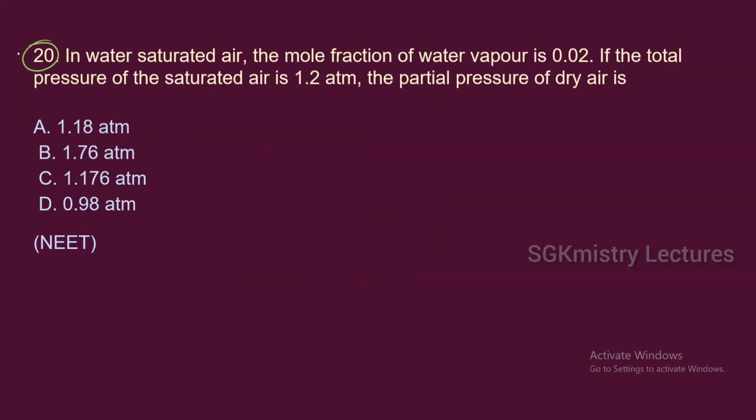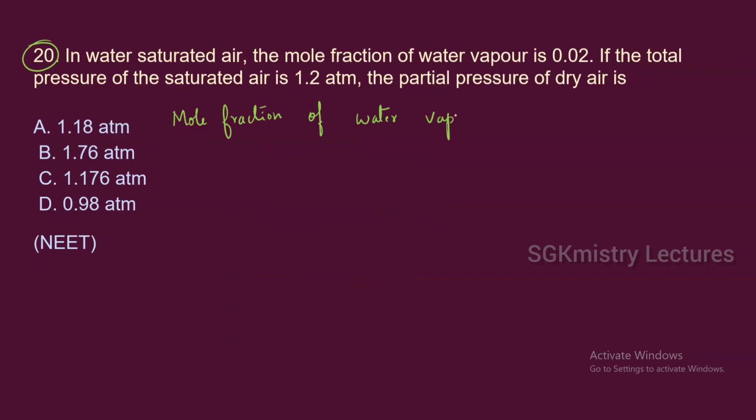In water saturated air, the mole fraction of water vapor is 0.02. If the total pressure of the saturated air is 1.2 atmospheric pressure, the partial pressure of dry air is. So first of all, let us write the mole fraction. What is given here is the mole fraction of water vapor.